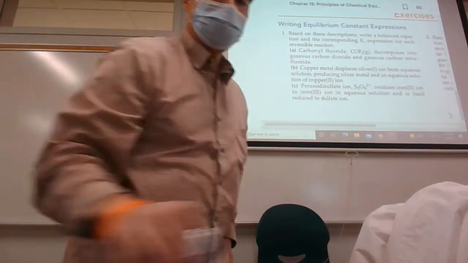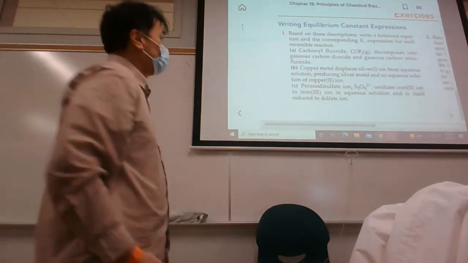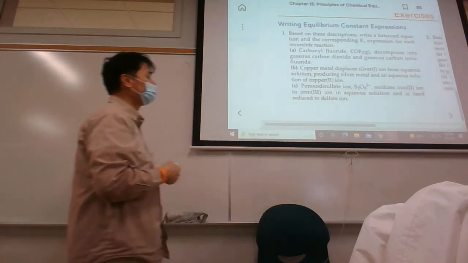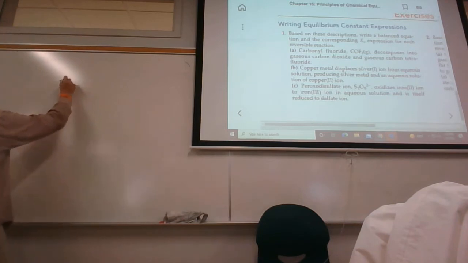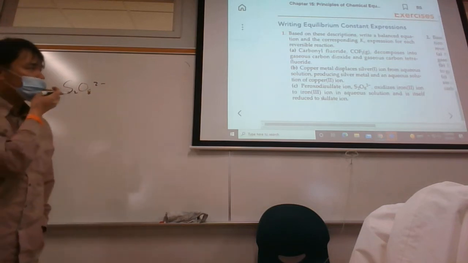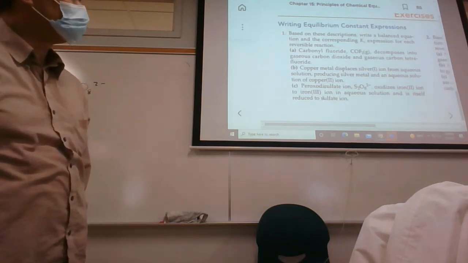All right, problem 1C, peroxide disulfate ion. So this is actually in the redox chart. This is like number 2, peroxide disulfate.